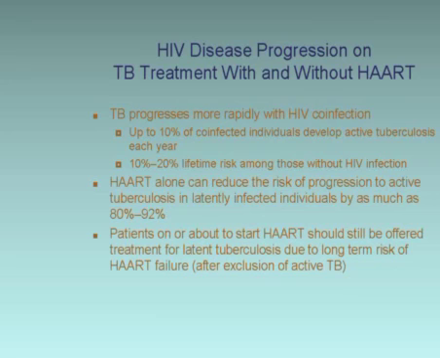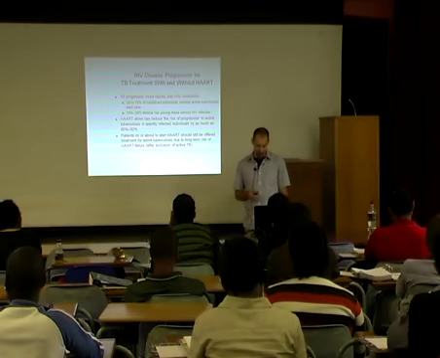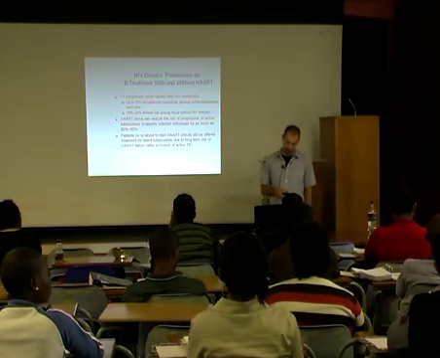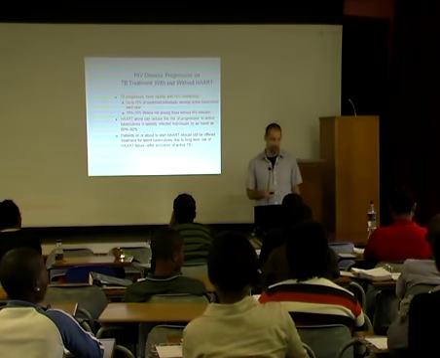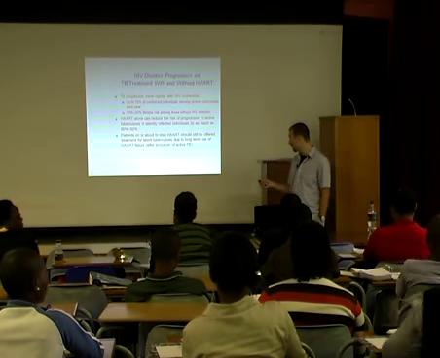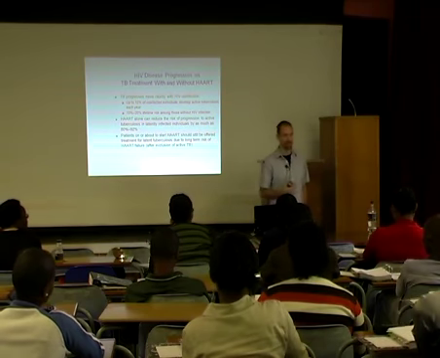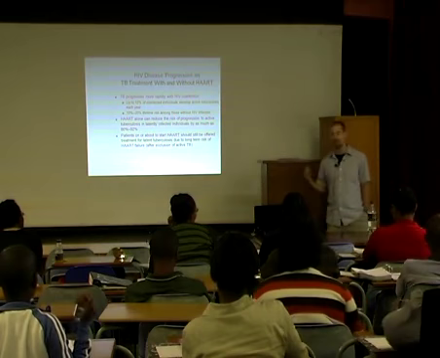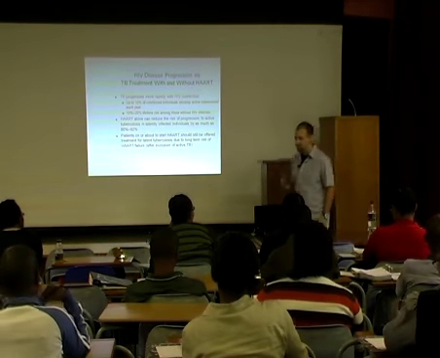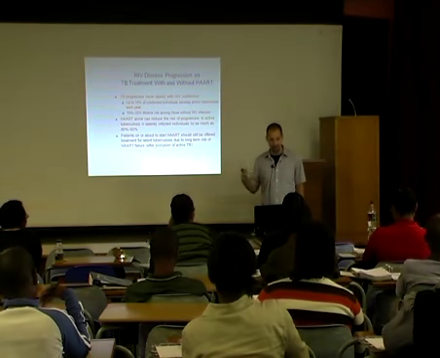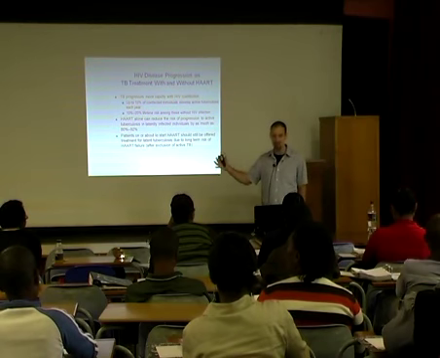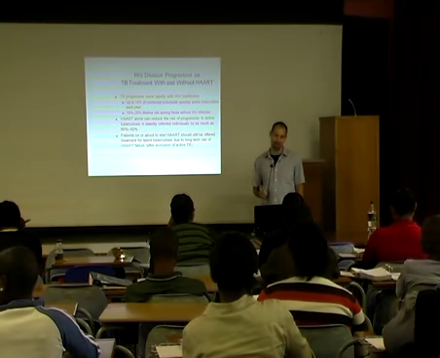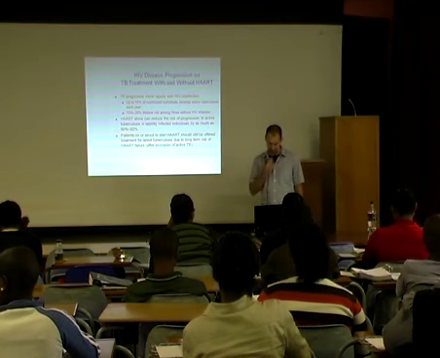As I said before, TB progresses up to 10% per year in those not on HAART. HAART alone can reduce the risk of progression of TB in latent TB infected individuals by as much as 80 to 92%. But it doesn't get rid of it. It doesn't make them equal to a person who is HIV negative. Their risk is still elevated. But ARVs and HAART dramatically reduce their risk of getting TB disease.